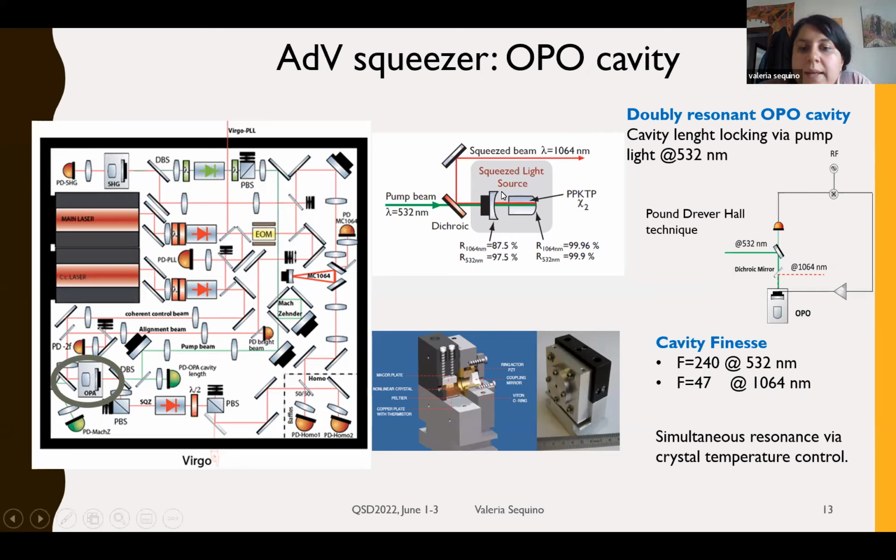There is also an external mirror that has a piezo here that controls the length of the cavity. The control is done using the standard Pound-Drever-Hall technique, and this makes the cavity resonant for both the green light and the infrared light.